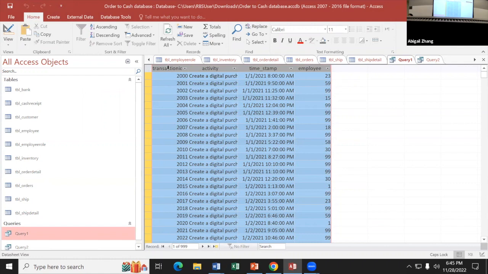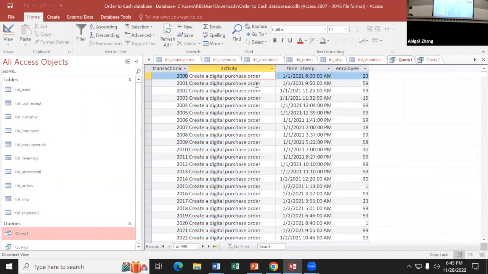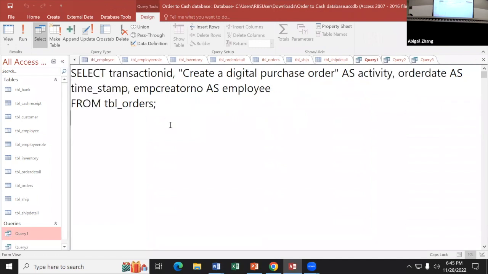The result will have transaction ID as the case ID, activity, which is just create digital purchase order, timestamp, which is that order date, and the employee. If you want to look at how the query looks, it's very simple. It's a very basic select from query.